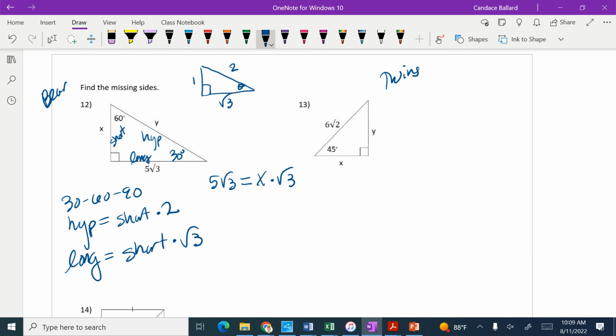This was too nice, wasn't it? What do I have to do to get the square root of 3 to the other side? Divide it. Oh, wow, they cancel. That's exciting stuff. You favorite when they cancel, right? So x has got to be 5. I'm going to let you guys get y. You should be able to apply that formula. So get y.